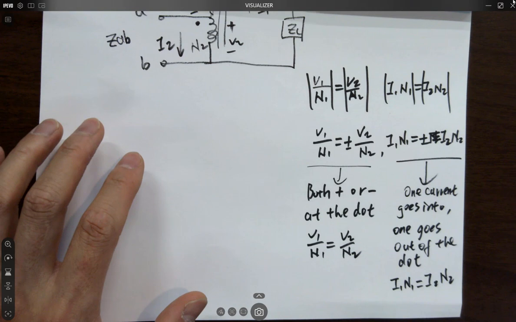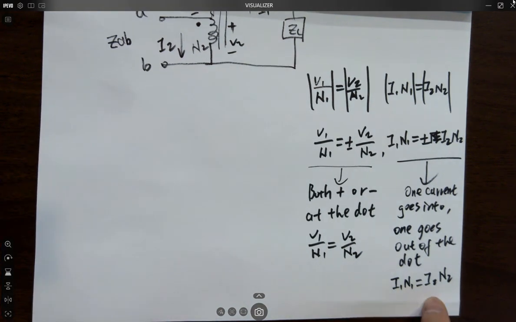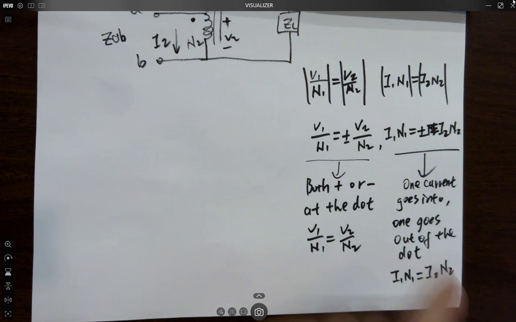So one comes in, one goes out, then it's positive, right? Just put this on the cheat sheet if you can't remember it.